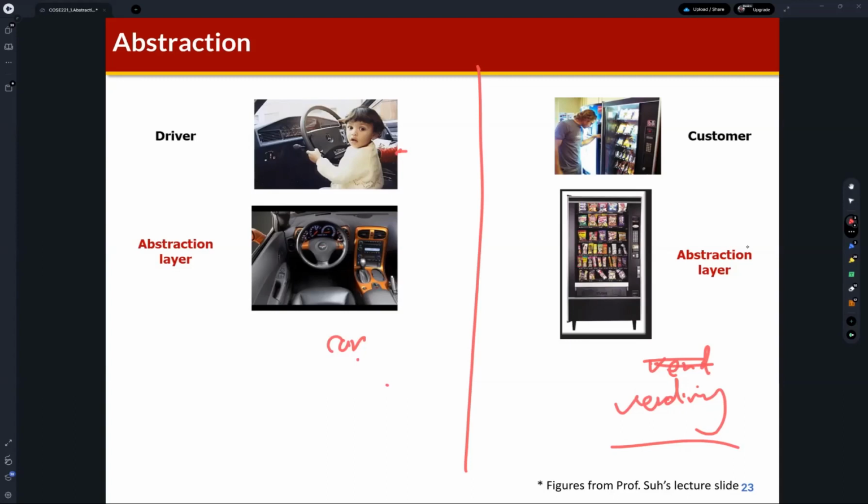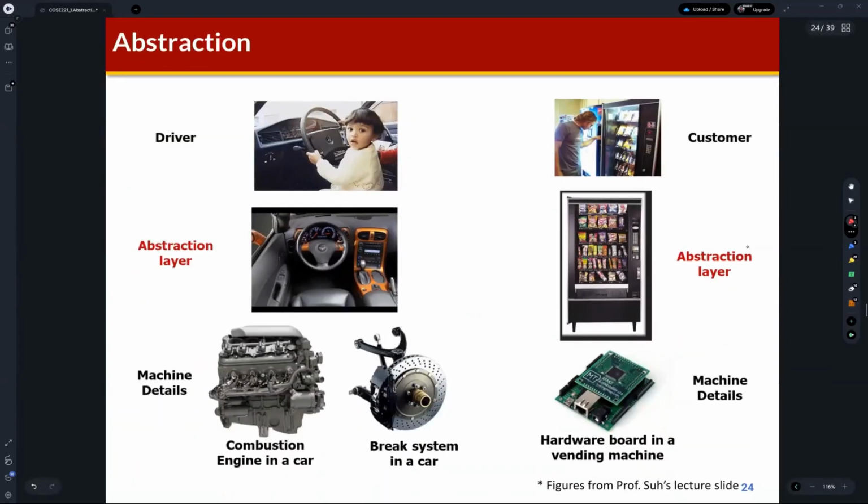But, you know, a car is a very complex system, right? A single car includes very complex engines.